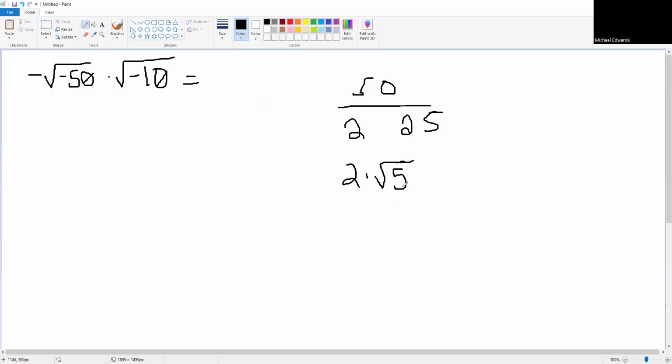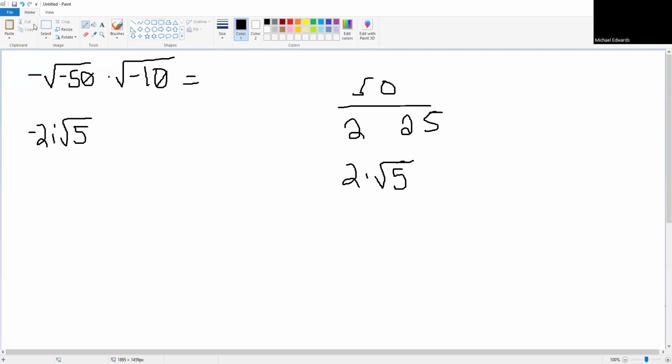All right, so we can rewrite this, we'll pull out the i. So we start with a negative here. So -2i square root of 5. Oh, I must have written that wrong somehow.